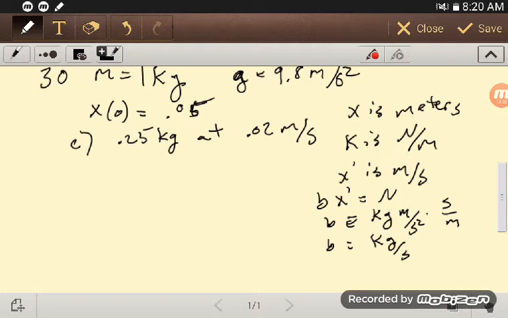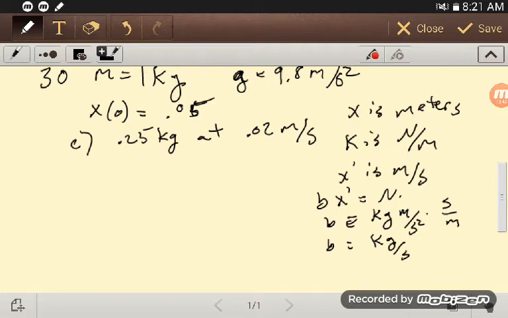Because as I'm looking at this, let's see, so we need newtons, so K, X, yeah, that's newtons, and so newtons are kilograms meters per second squared. Got that. Divided by x prime. Kilograms per second. Yeah.